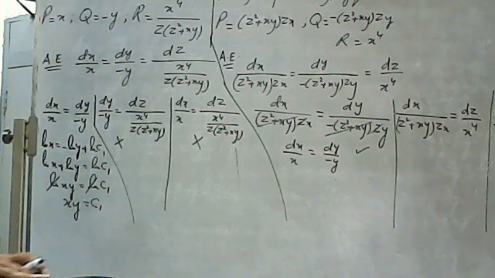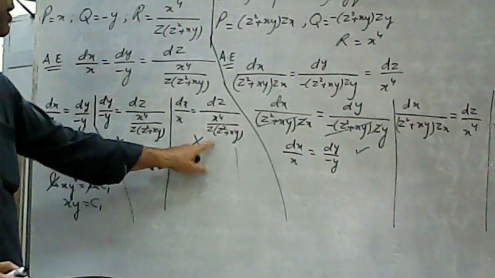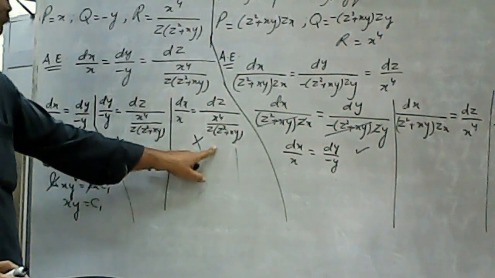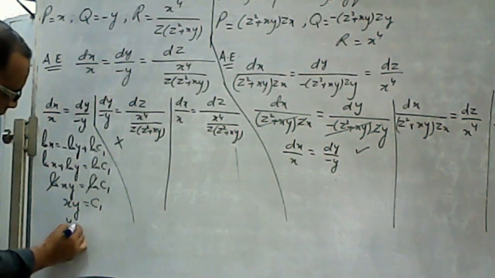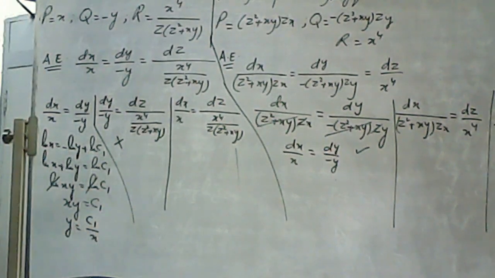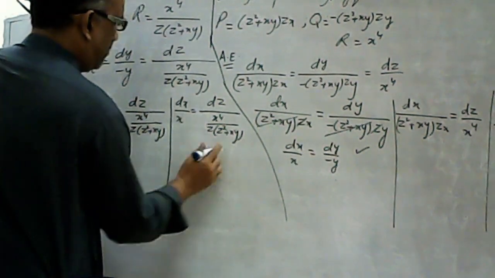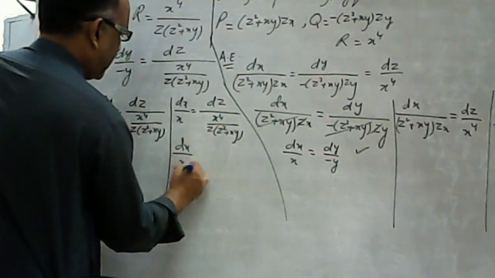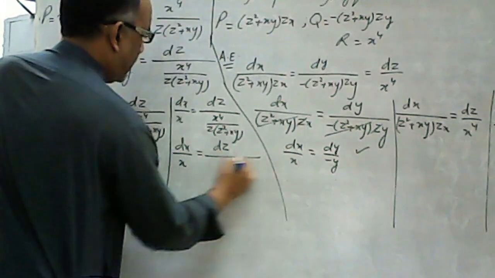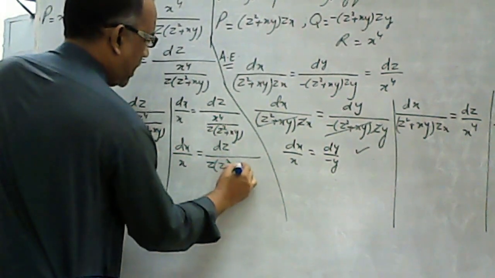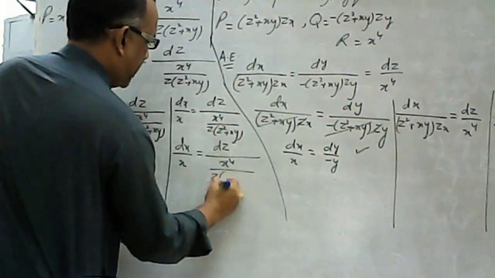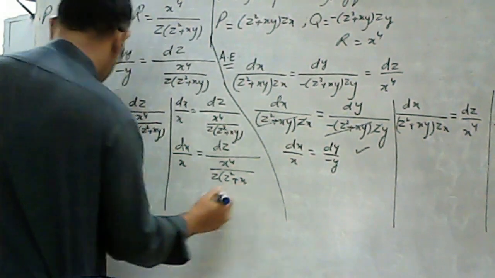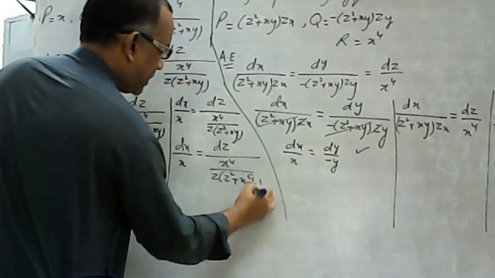And let me decide that we will solve this pair. So we need to eliminate y from here if we want to solve this pair. So the value of y is y equal to c1 upon x. So substituting the value of y, it will become dx over x is equal to dz over z square plus xy upon x power 4, where y is equal to c1 upon x.